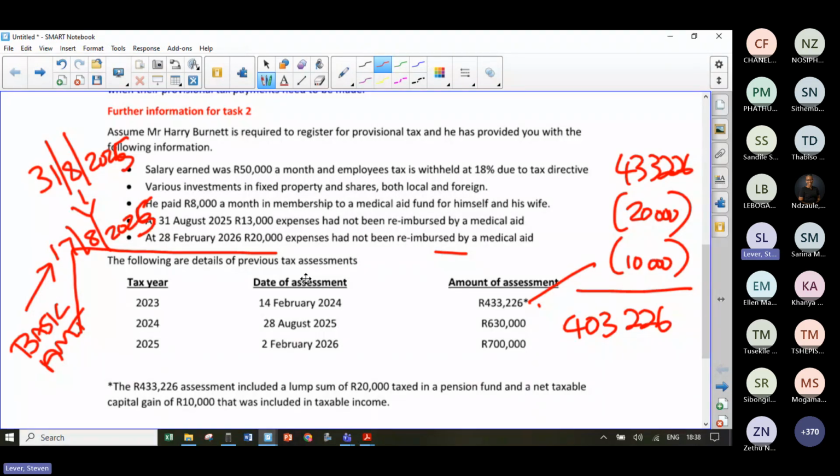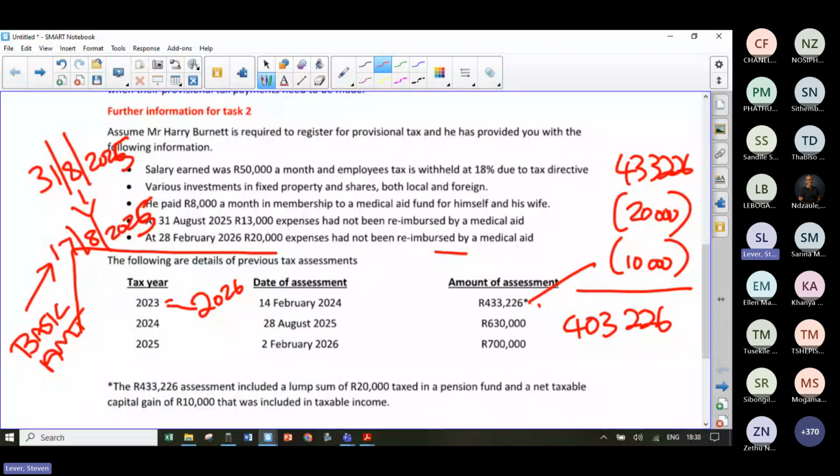So what is your basic amount? Your most recent return before 17 August 2025. So the 433. When I look at that amount, I need to take out lump sums and CGT when working it out. And then, guys, I am doing a 2026 first provisional tax payment for that year.